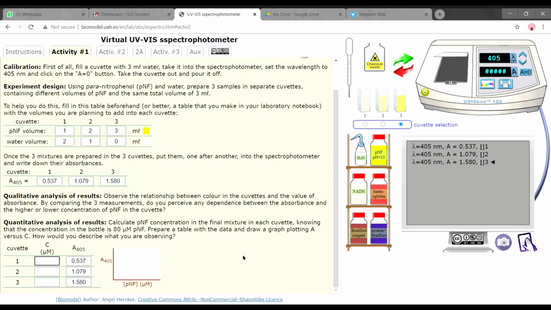Using the formula of C0V0 equal to CdVd, we get for the first cuvette, the PNF concentration is 80. The second one is 26.67. Third cuvette is 53.33. So then we can make the graph plotting A versus C.